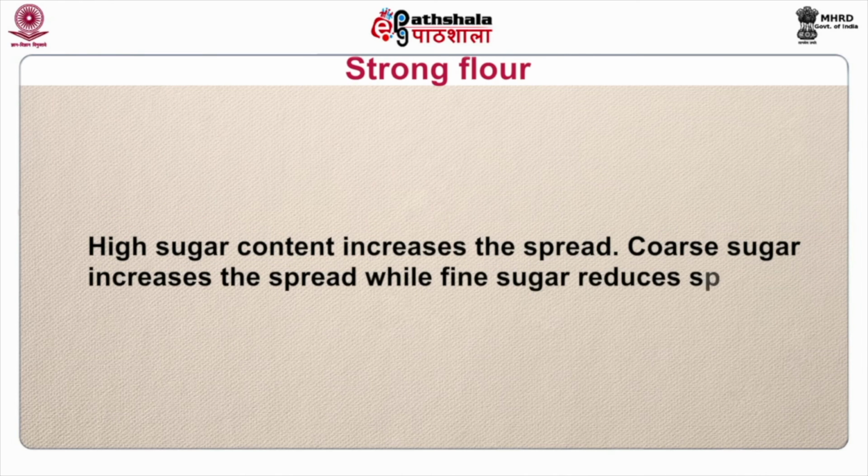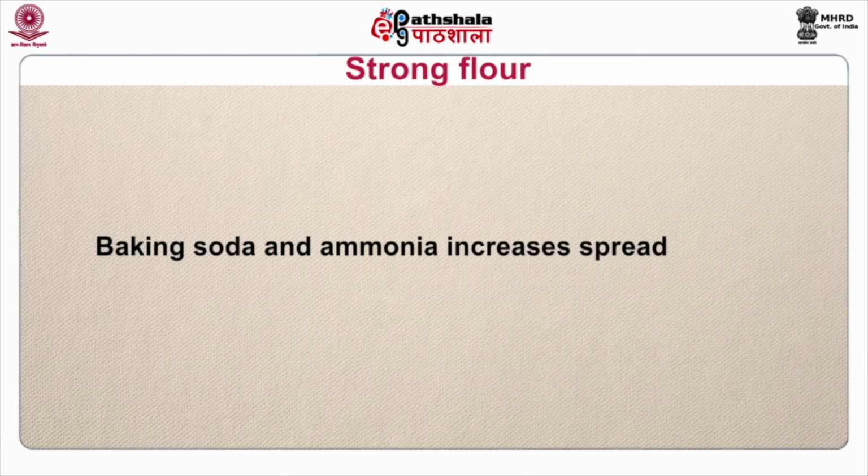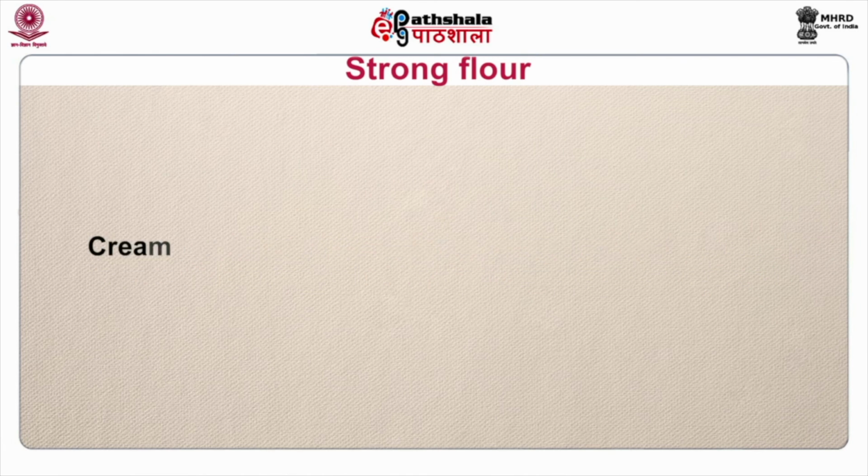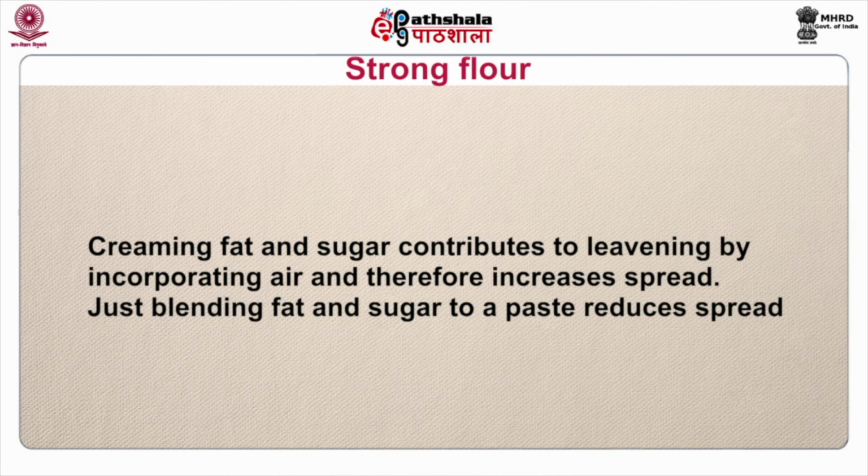Spread. This feature is desirable in some varieties of cookies while others must hold their shape. High sugar content increases the spread. Coarse sugar increases the spread while fine sugar reduces spread. Baking soda and ammonia increase spread. Creaming fat and sugar contributes to leavening by incorporating air and therefore increases spread.